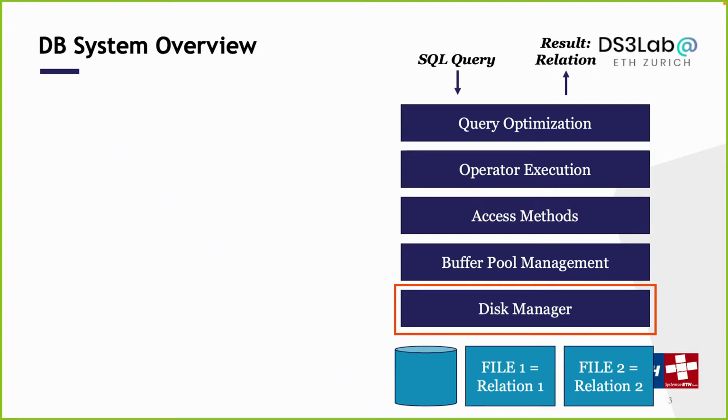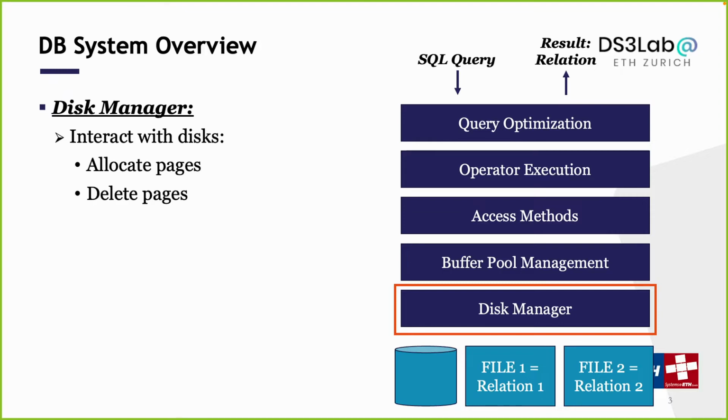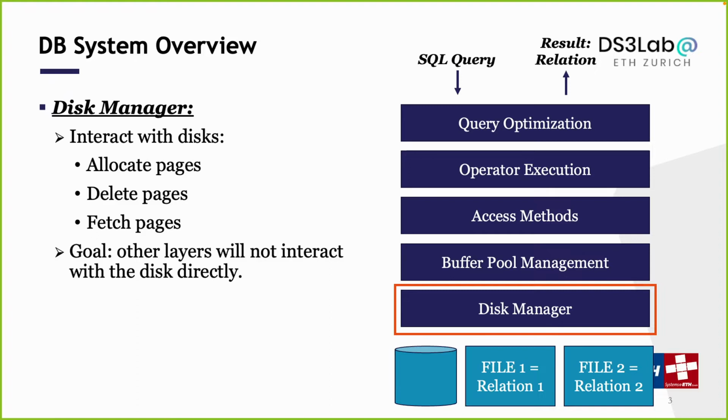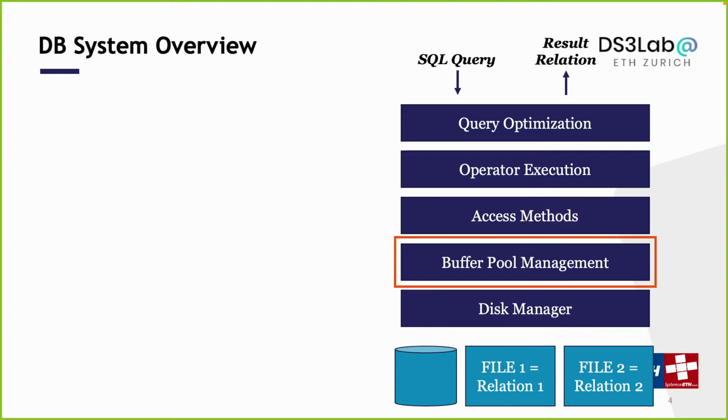The bottom layer of a database system, at least in the traditional way, is the disk manager. The goal of that layer is to interact with the hard drive, allocating pages, deleting pages, fetching pages. The goal is to make sure every single layer above that will not interact with the hard drive.